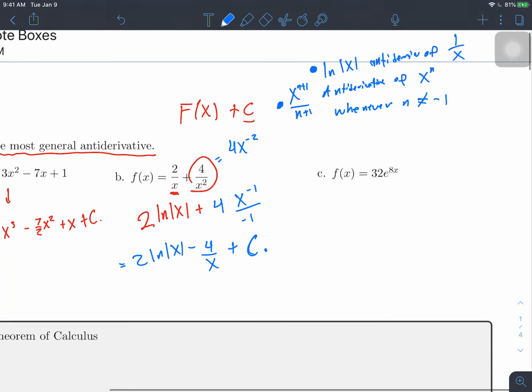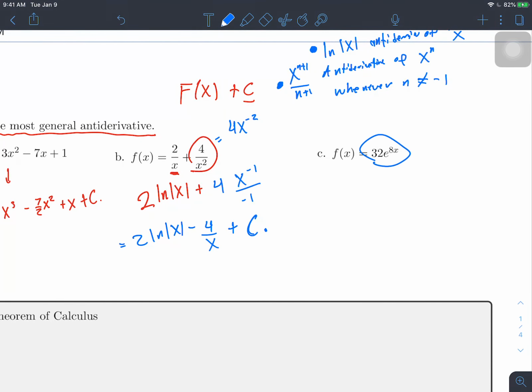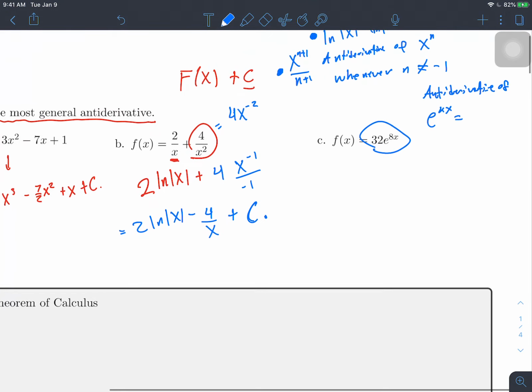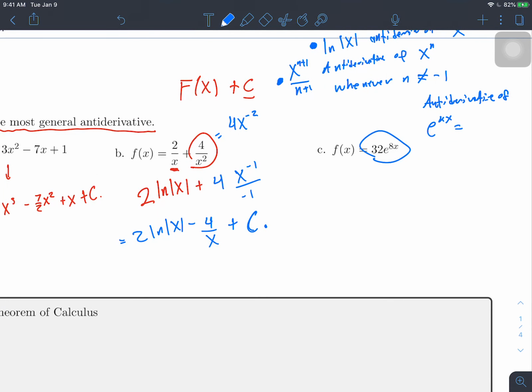Okay. This last one, we learned a rule for how to do the antiderivative of e to the kx. Can anybody remind me what is the antiderivative of e to the kx? Sam? E to the kx over k plus c.